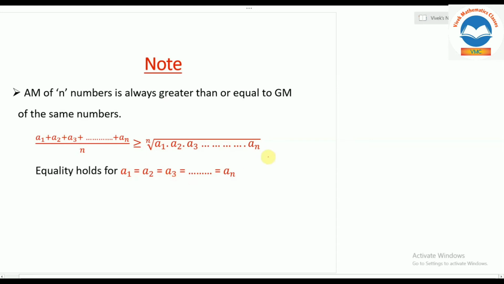AM will always be greater than or equal to GM for any values. Equality will hold when all the values A1, A2, A3 up to An are equal to each other. Then only equal to will exist. Otherwise, AM will always be greater than GM.